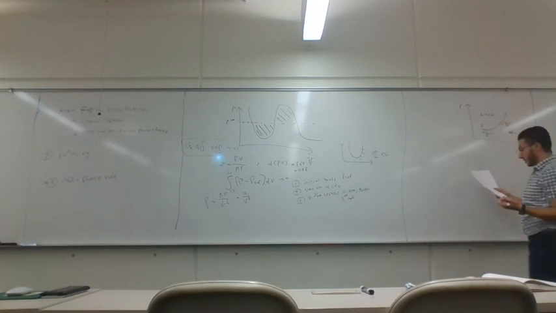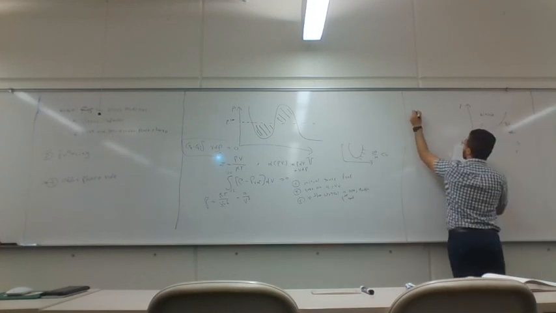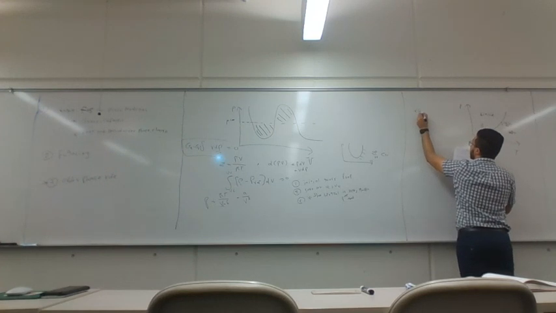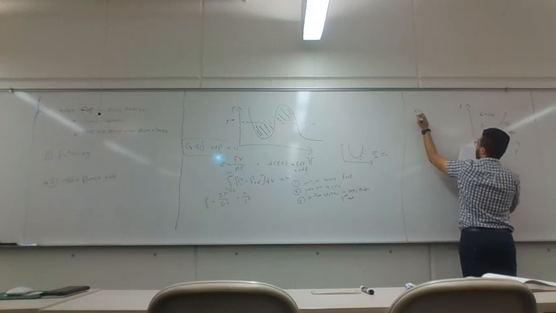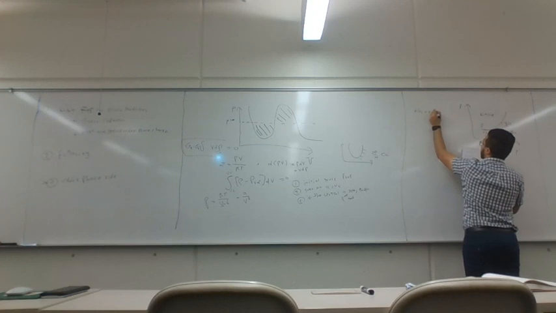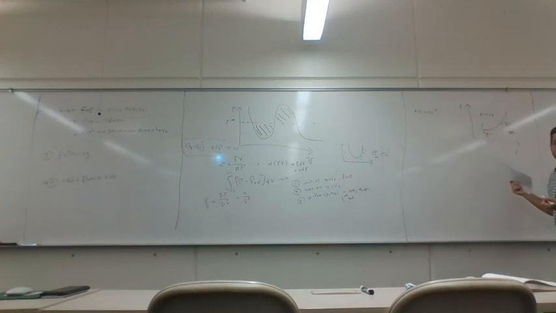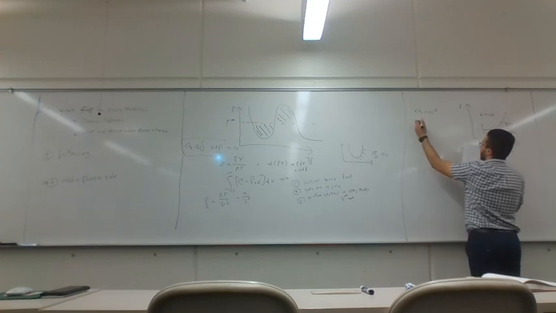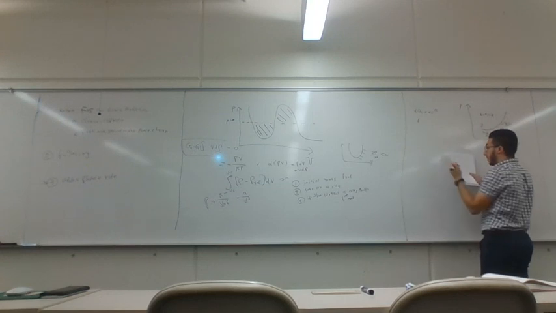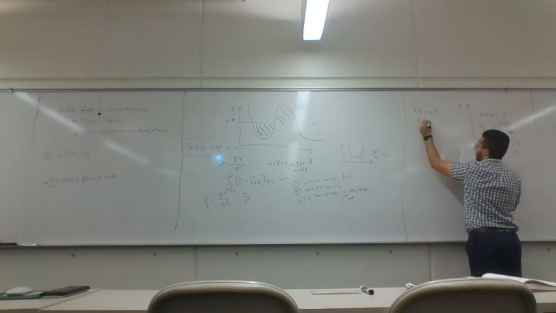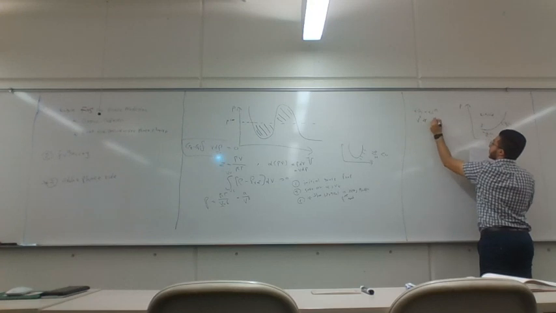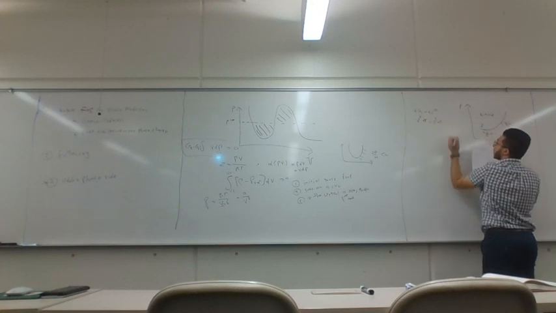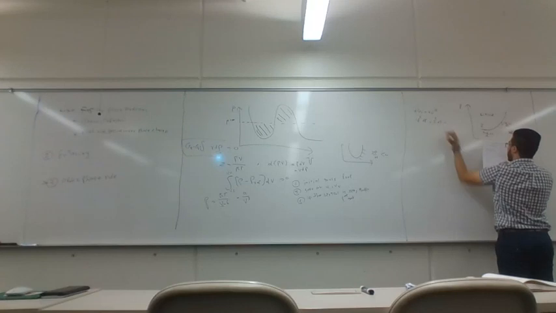So in the coexistence curve, if we want to move, dG of phase 1 should be equal to dG of phase 2, right? So I will expand dG according to the formula we developed from the combined first and second law: V dP minus S dT for phase 1 should be equal to V dP minus S dT for phase 2.